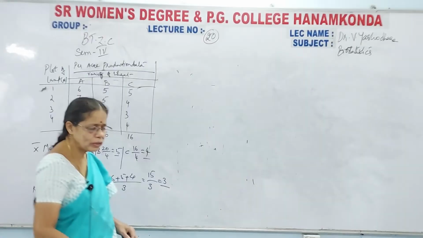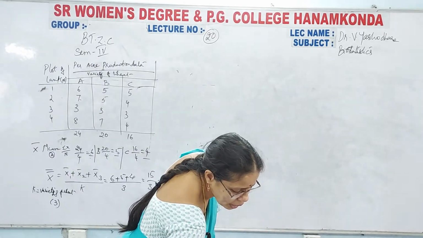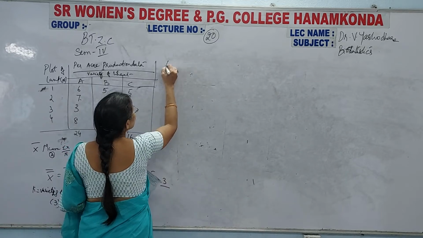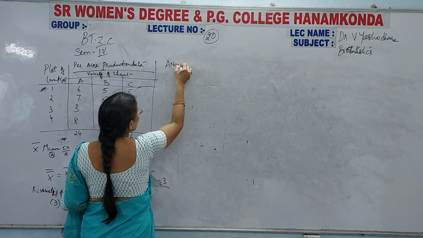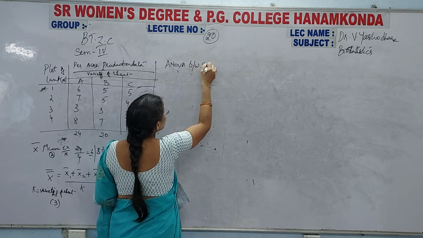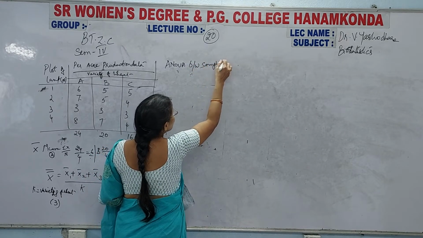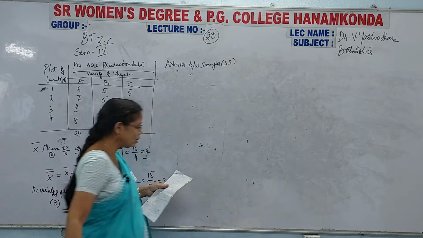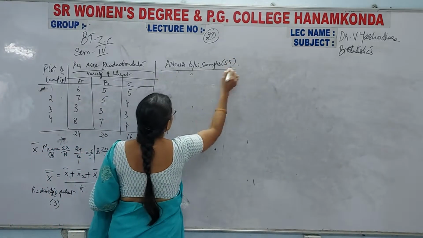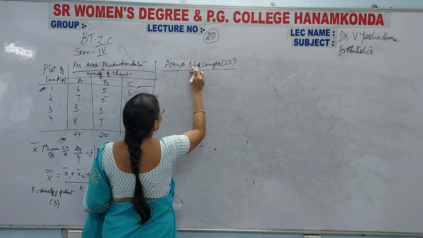Now coming to the next one, you have to calculate the ANOVA between samples. Until now we found the mean. Now ANOVA between samples. This is known as SS, that is sum of squares. Now see here, I am finding ANOVA between samples. I will tell you how to do it.